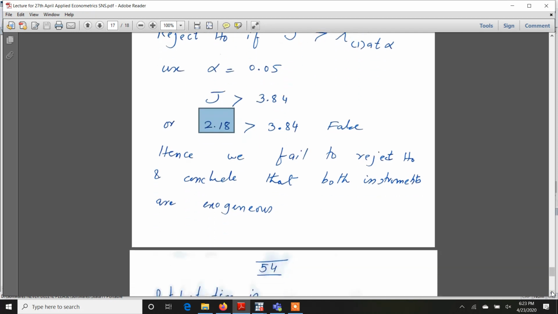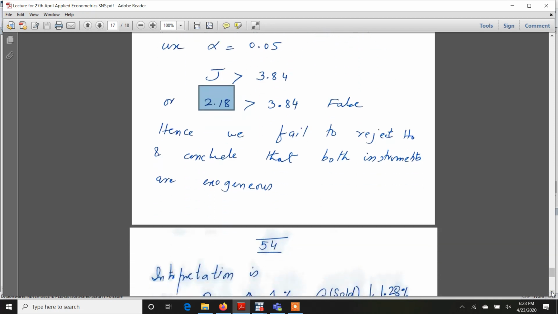So there is no need to drop any instrument from the model. Had this H naught been rejected, then we must think about which instrument to drop, and it's not a statistical inquiry. Then the question is theoretically which instrument is stronger. So you need to have theoretical justification for which instrument to drop.